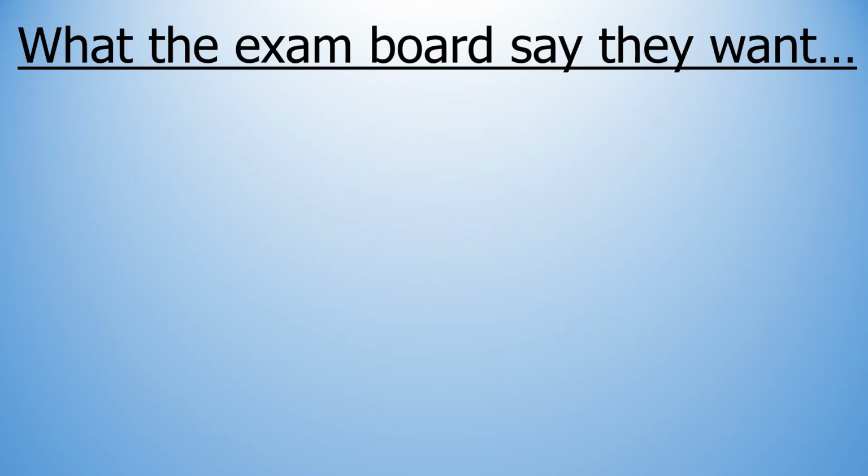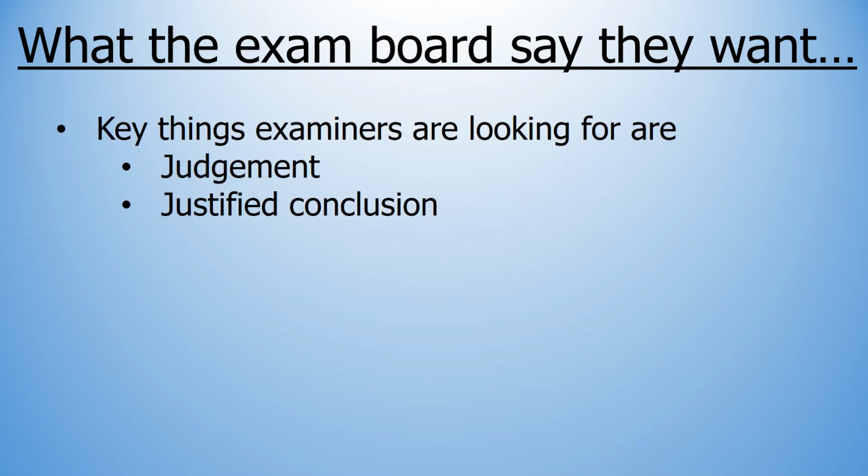First up then, the exam board, they say that this is what they want to see. They are looking for judgment. They're looking for justified conclusions. In other words, not just, I think this, the end, but a justification for that final conclusion.